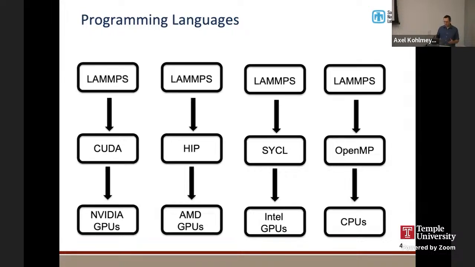And in order to do that, worst case, we'd have to have many versions of LAMMPS. We'd have to take the time to port LAMMPS to CUDA, to HIP, to SYCL, to OpenMP, and maintain all of these versions, which with limited developer time isn't really feasible.